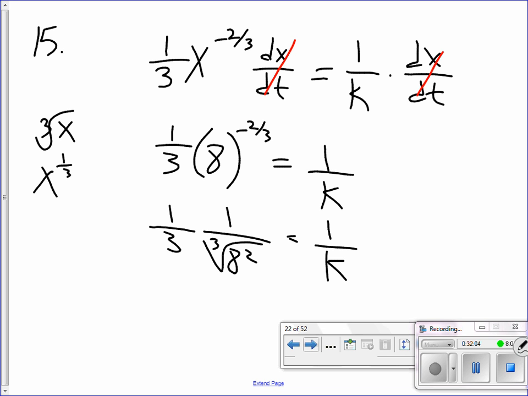So the denominator is 4. So we have 1/3 times 1/4, so 1/12 equals 1 over k. So k equals 12.